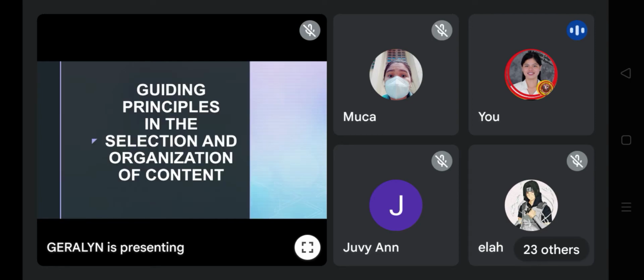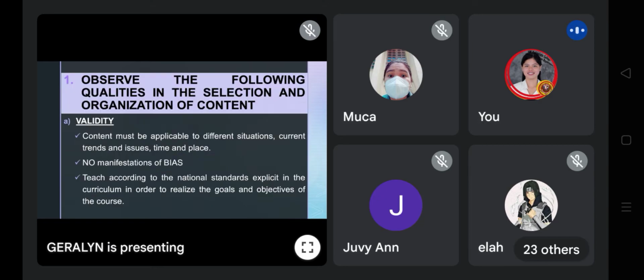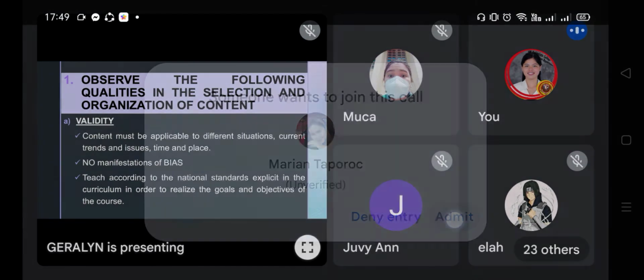So here are the guiding principles in the selection and organization of the content. There are actually only three major guiding principles. First one is when we determine the content for our lesson plan, we have to observe the following qualities.